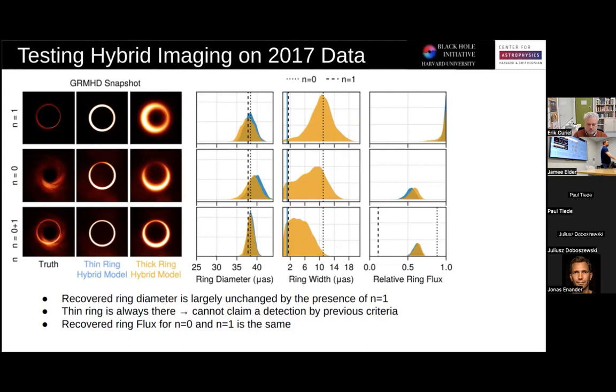Maybe you'll get to this in a second, but have you considered a three-component model: a thin ring, a thicker ring, and then a raster? I've done that. It doesn't fix it. I also thought of something like that, but it doesn't solve the problem.